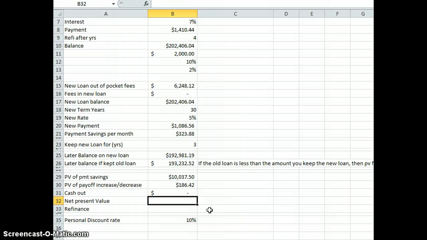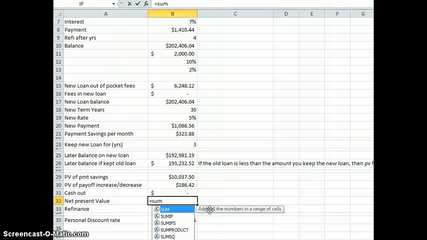Alright. So NPV, since all of our numbers are already in present value form, we can just take the sum of them basically. Otherwise we would just do NPV.